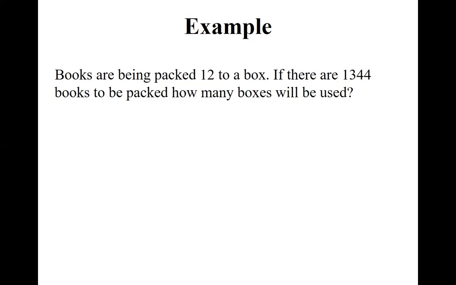Books are being packed 12 to a box. If there are 1,344 books to be packed, how many boxes will be used? So we're dividing equally, or we're trying to be equal at least. 1,344 divided up into sections of 12.